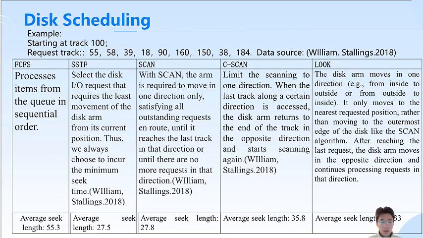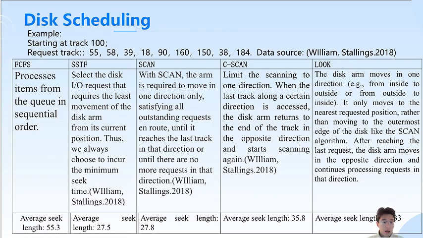So here you can see five disk scheduling algorithms. I give an example from the textbook. The start at track is 100 and the request tracks are as you can see. About FCFS, it means processing items from the queue in sequential order, first come, first out.